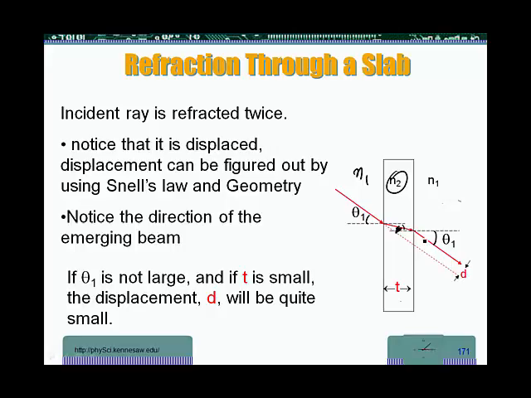It's going to emerge at a position that's slightly different than the original beam. Now, the direction of the emergent beam, according to what we are saying here, is going to be the same as the direction of the original beam.